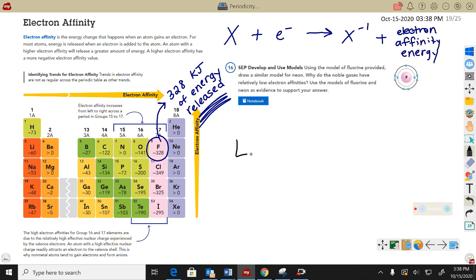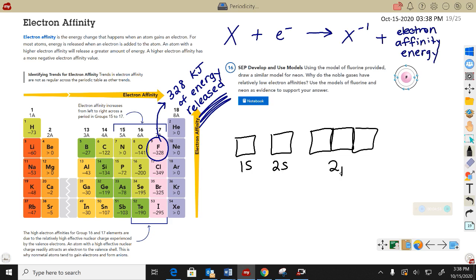The fluorine electron configuration is 1s, then the 2s, then the 2p's, and I've got 1, 2, 3, 4, 5, 6, 7, 8, 9. Somebody's got to be paired.